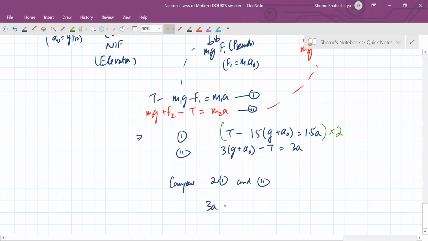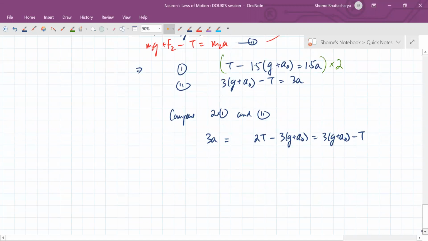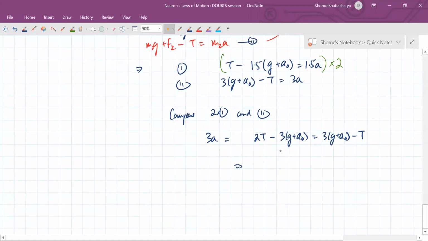So 3a equals 2T minus 3 times g plus a naught. In the other equation, it equals 3 times g plus a naught minus T. So equate these. So 3T equals 6 times g plus a naught. So T equals 2 times g plus a naught.